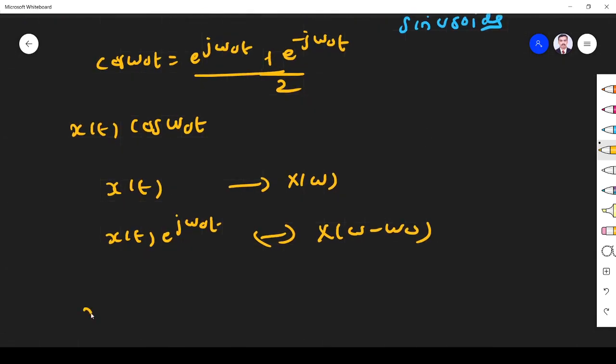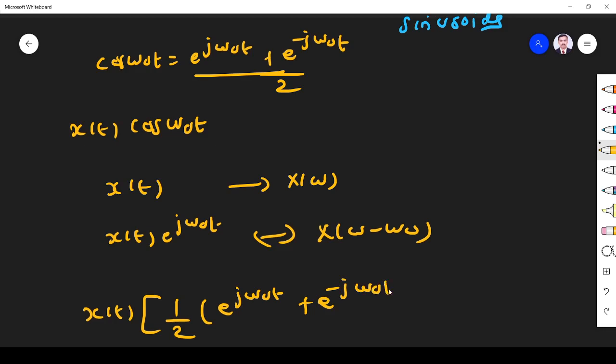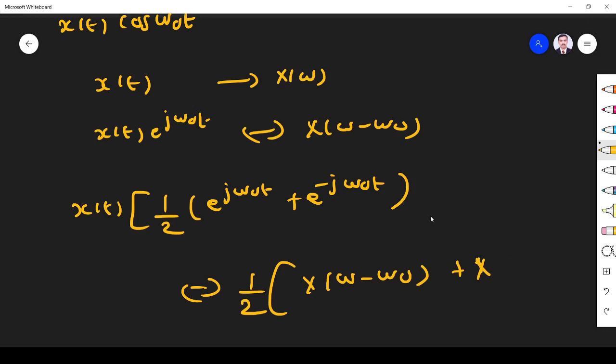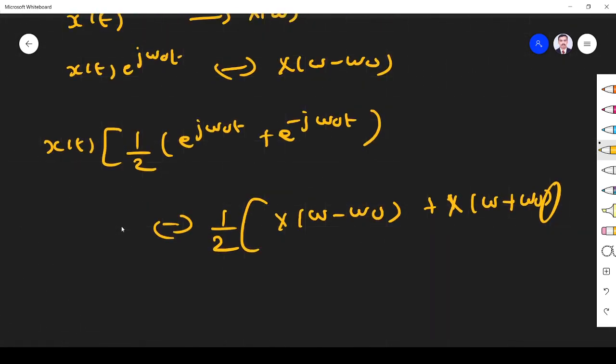So x of t into 1 by 2 into e power j omega naught t plus e power minus j omega naught t will give the Fourier transform of 1 by 2 times X of omega minus omega naught plus X of omega plus omega naught. This is one of the most important properties. This is also known as the modulation property.